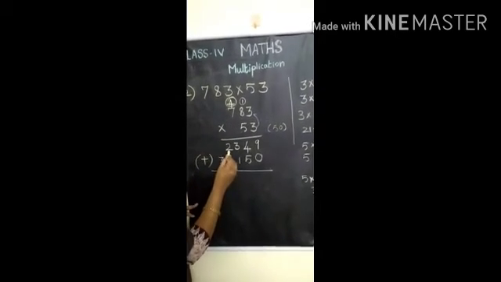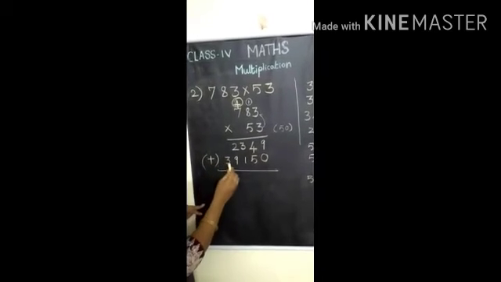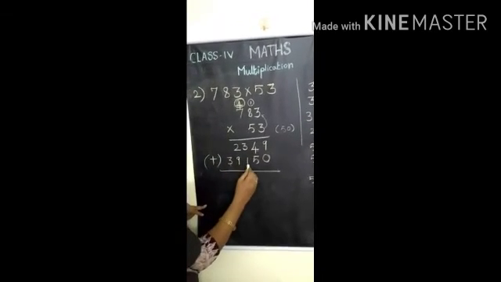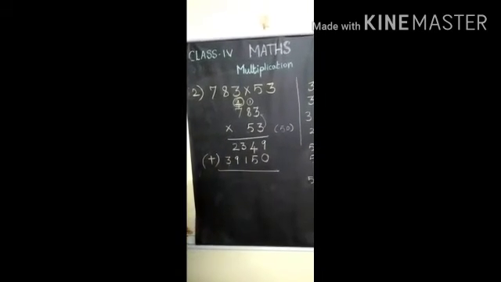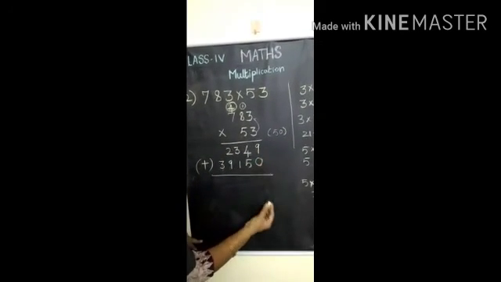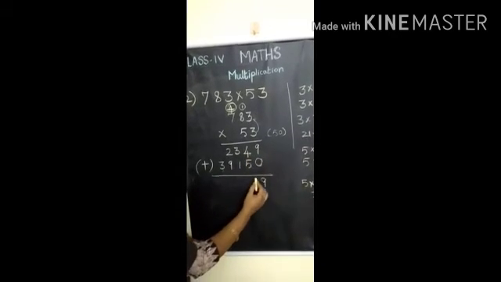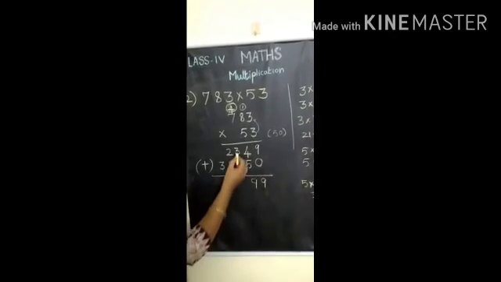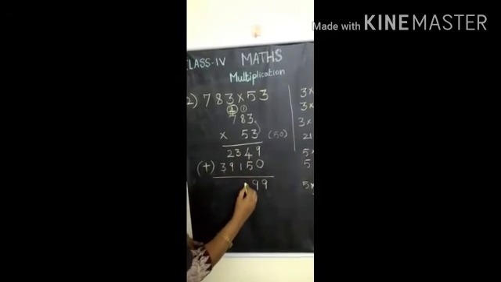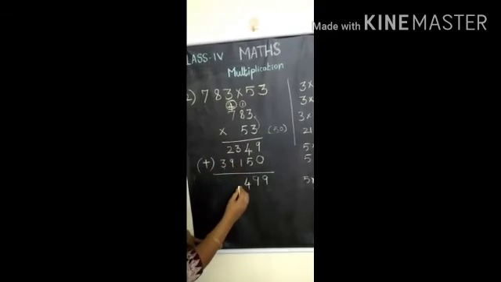That is 2,349 added with 39,150. Okay, first the ones place: 9 plus 0, 9. 4 plus 5, 9. 3 plus 1, 4. 2 plus 9, 11.